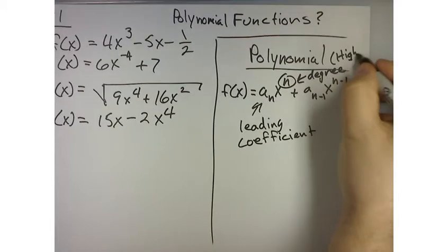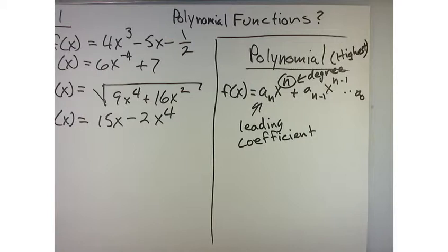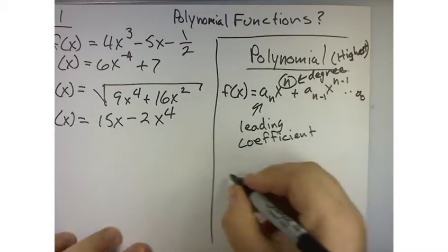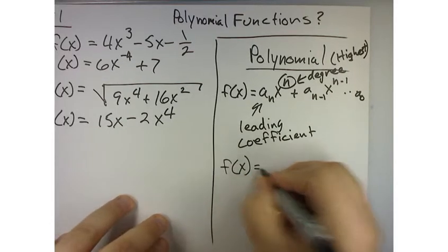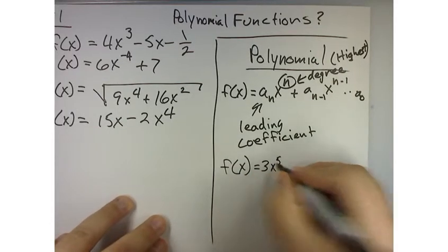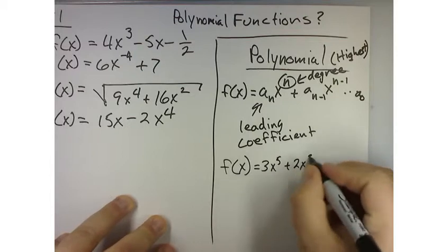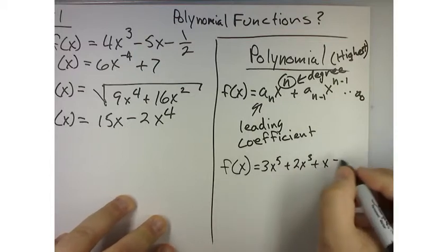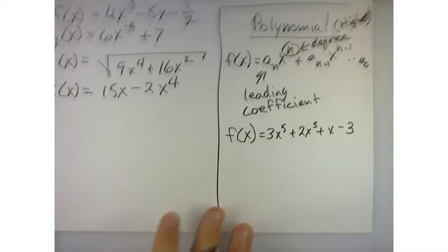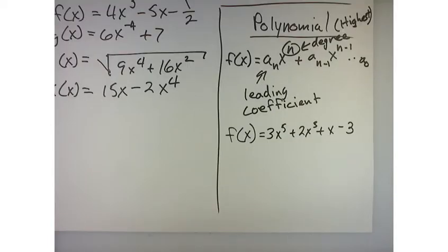So what we want to do is always write them in order by the power. So for example, I might say something like f of x is equal to 3x to the 5th plus 2x to the 3rd plus x minus 3. Now I did this on purpose. I skipped x to the 4th power and x squared and things like that because we don't always have every power defined, but notice that they're written in order.